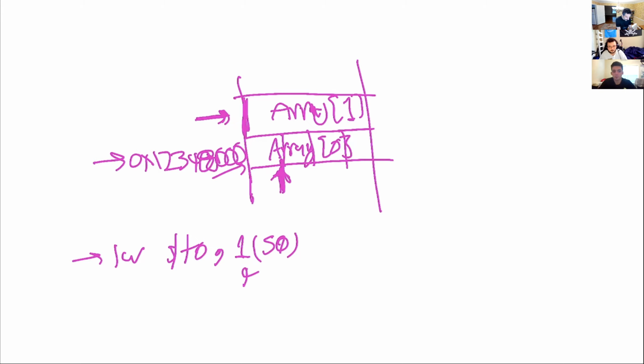So this is byte number 0, 1, 2, 3, and this is 4. Okay, this one. And 4, 5, 6. Okay.